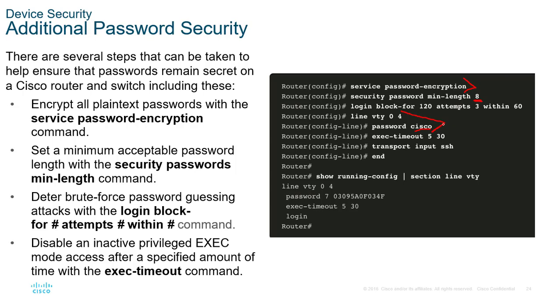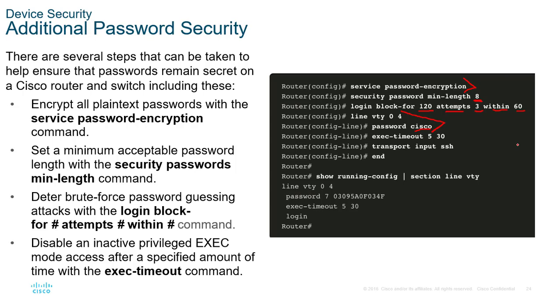To deter brute force password guessing attacks, you can use the login block-for command, and this will say how many seconds you're going to block. In this case, it would be 2 minutes, 120 seconds, after receiving 3 invalid attempts within a 60-second period.